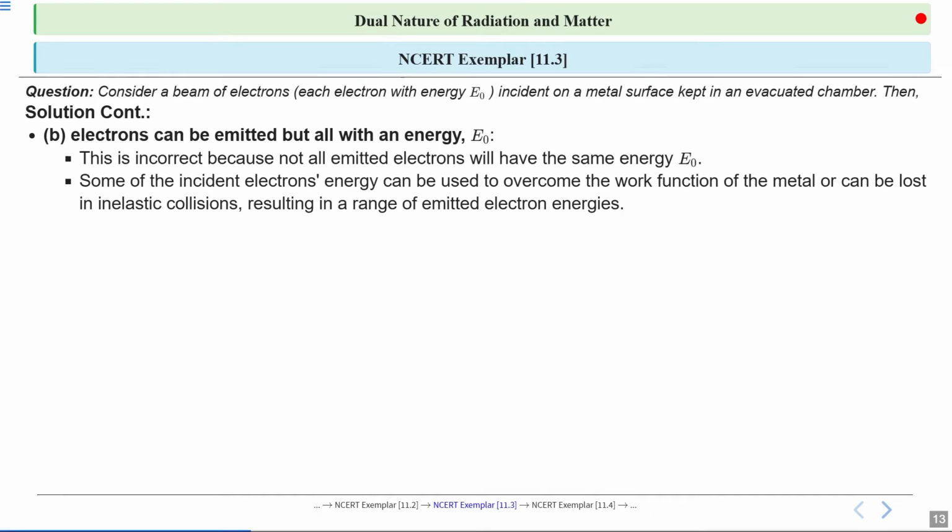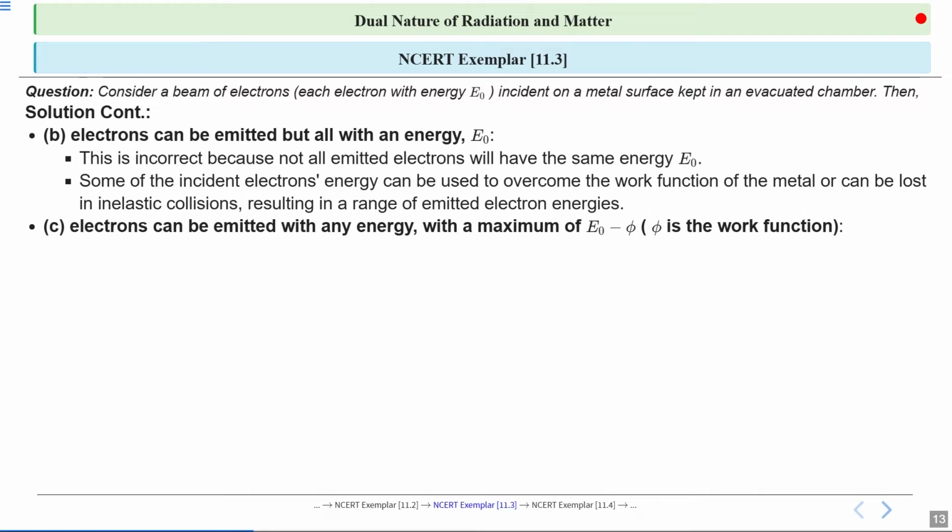Some of the incident electrons use part of their energy to overcome the metal's work function, which is the minimum energy needed to remove an electron from the metal surface. Others may lose energy in inelastic collisions with the metal. This means the emitted electrons will have a range of energies, not just a fixed E naught.